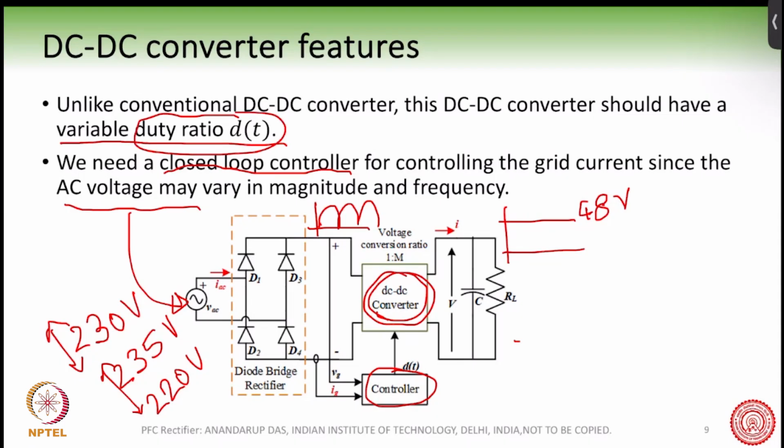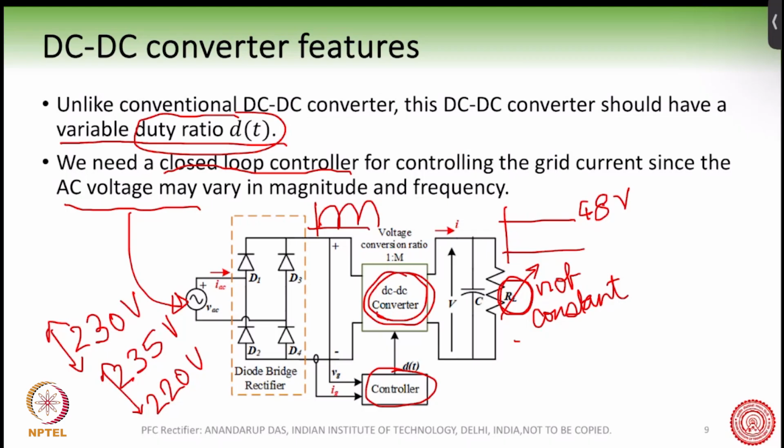Also remember that the power drawn, this RL here, is not constant. The RL can actually vary. Why can it vary? For example, you are putting it into a 48 volt server power supply, and in that server, sometimes the processing is high and sometimes low.